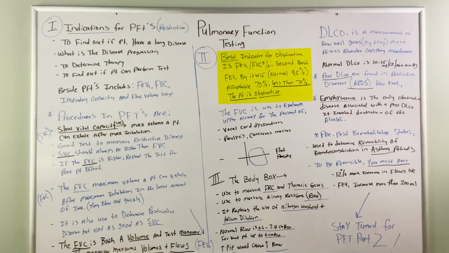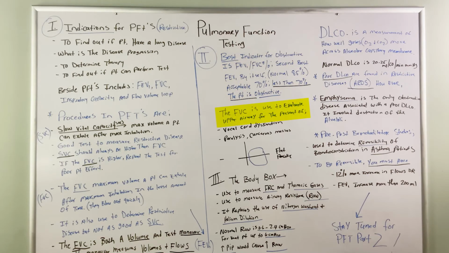It is the best indicator to find out whether or not your patient has obstructive disease. The second best is the FEV1 by itself. Normal is 85%. Acceptable is 70%. Whenever your patient has an FEV1/FVC percent less than 70%, the patient is obstructive.